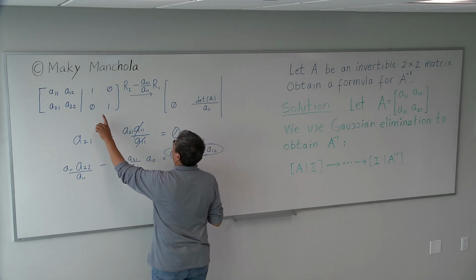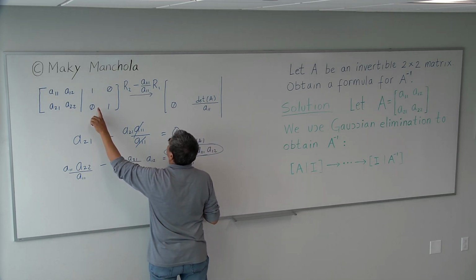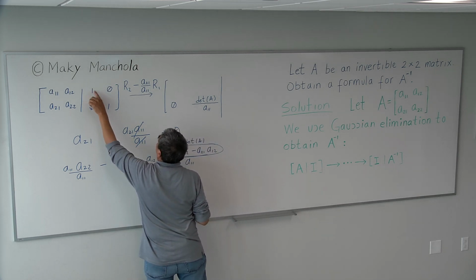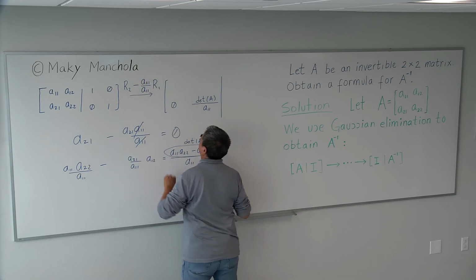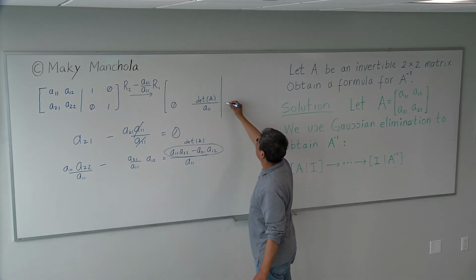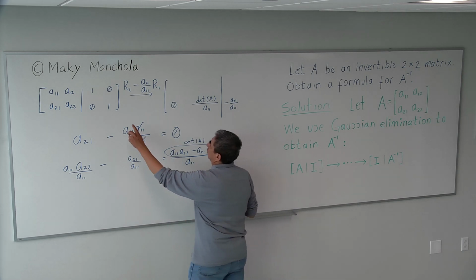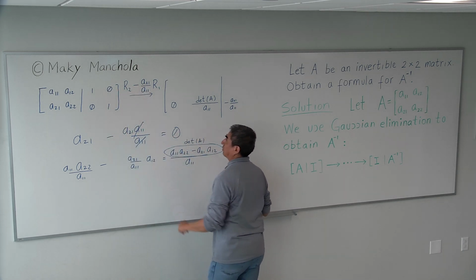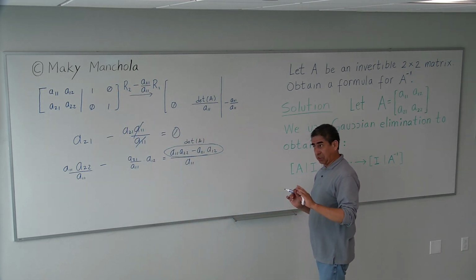Okay, so here we have 0 minus 1 times A21 over A11, which is just negative A21 over A11. And then we have 1 minus 0 times A21 over A11, which is just 1.